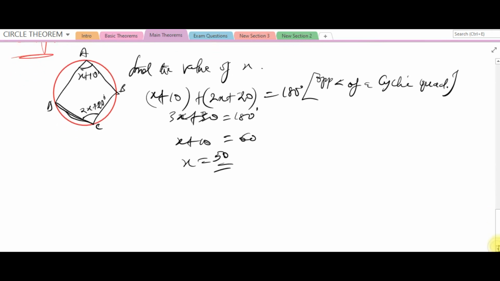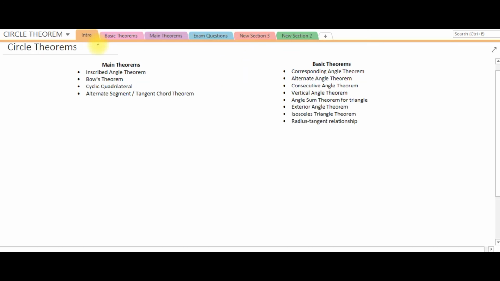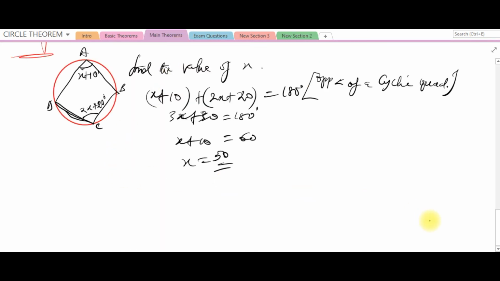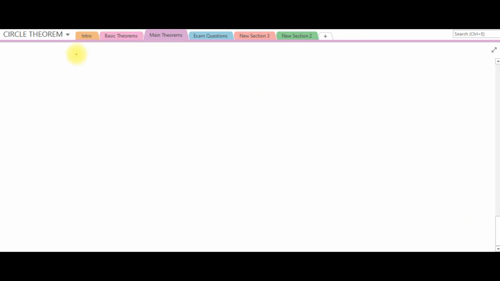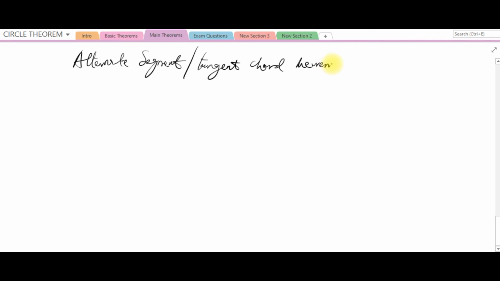So the next theorem is the alternate segment theorem, or you call it the tangent chord theorem.